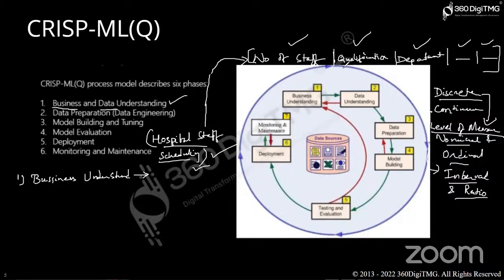Suppose I have something like bed number in the hospital. Bed number is basically count data, so it will come under categorical data.